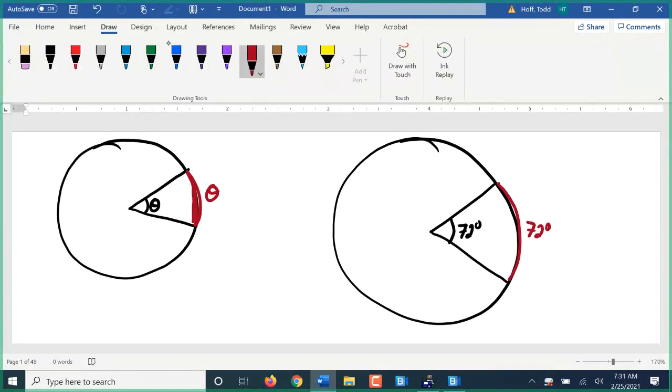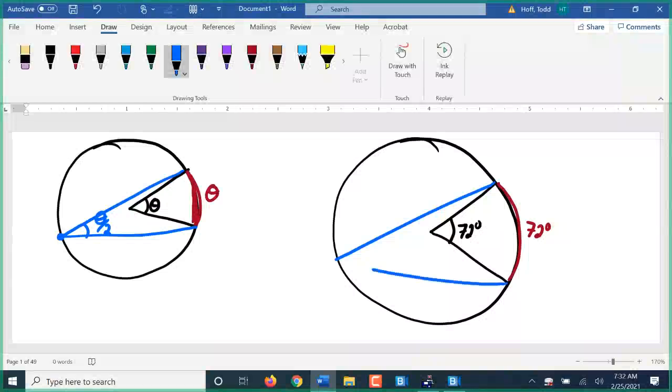Well, we also saw an inscribed angle. An inscribed angle had its vertex on the circle. This angle here is going to be half of theta, half of that central angle.